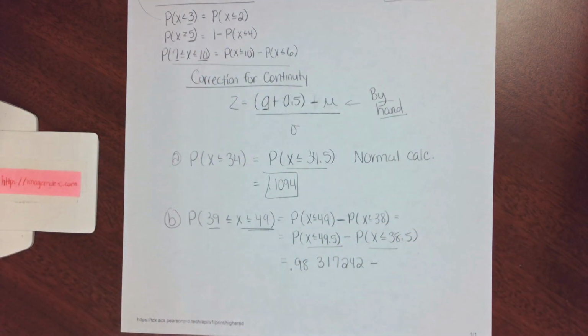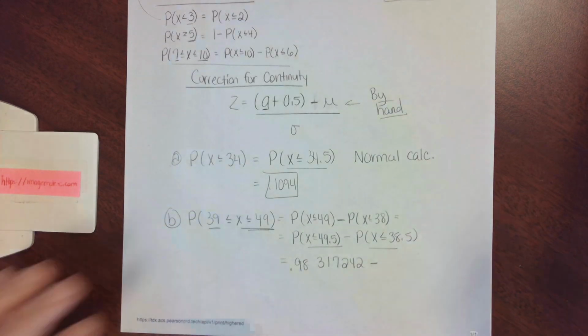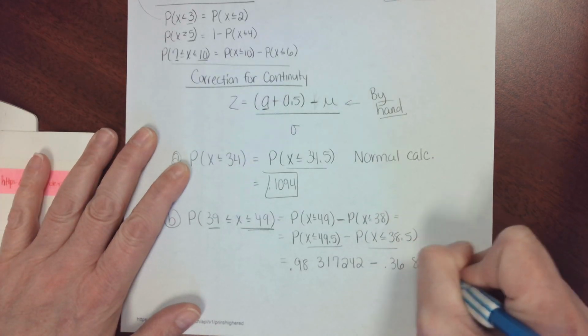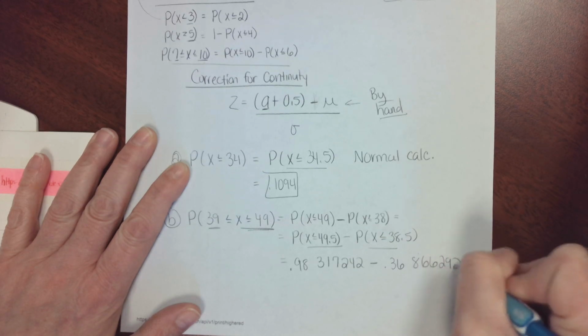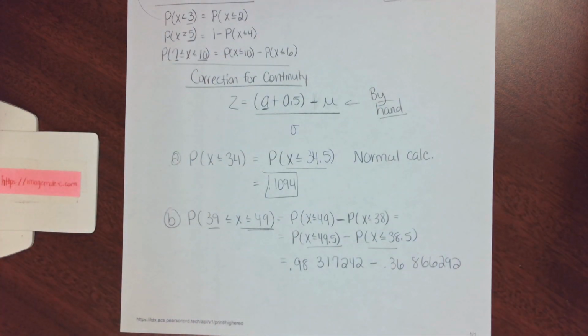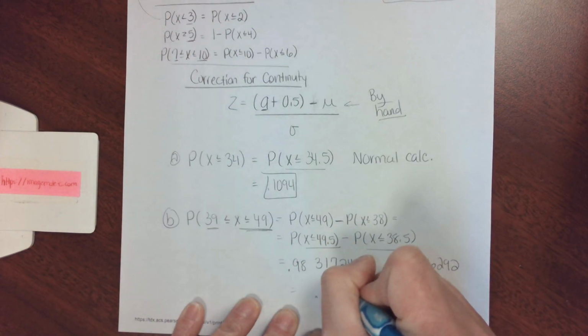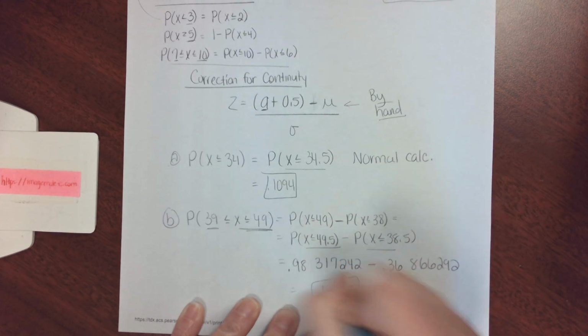And then I'm doing 38.5, and I'm getting 0.3686692. I am going to subtract those two. And it looks like I'm getting 0.6145 for the answer on that piece.